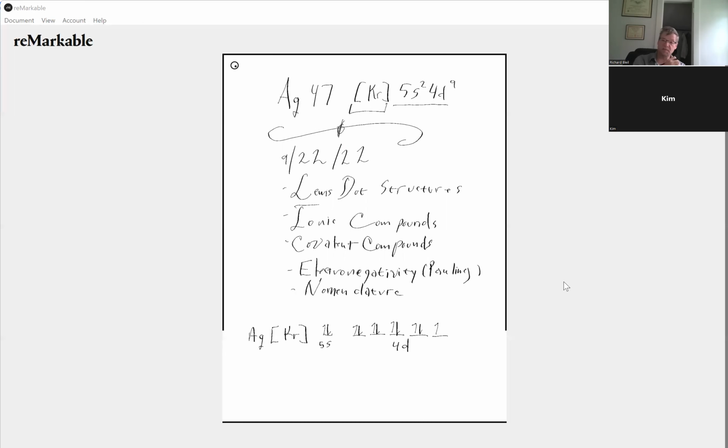Like I say, it's not going to be able to lose all 9 d orbital electrons. It's stuck. What can it do? As it turns out, the most common oxidized state for silver, the most common charge, is +1.